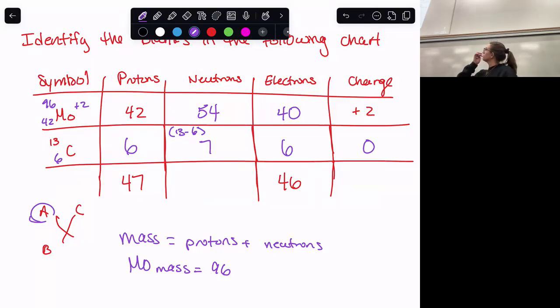Okay, then for our last one, we're given protons of 47. What does that tell us? Yep. So protons tell us what our element is. So we know that we need to go to element 47, which is silver. That also goes in the bottom left corner.